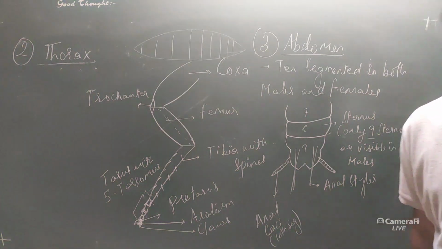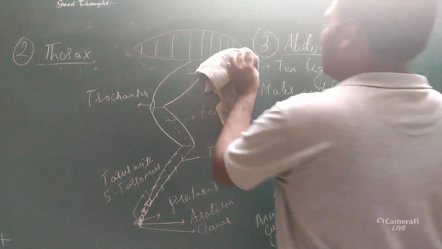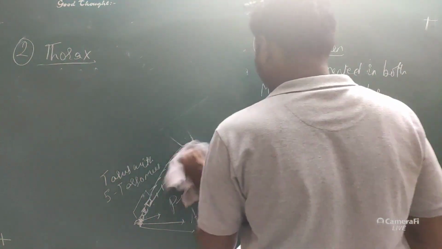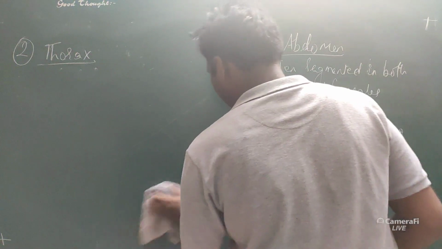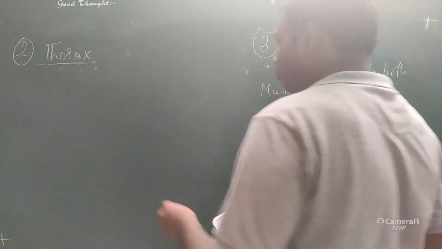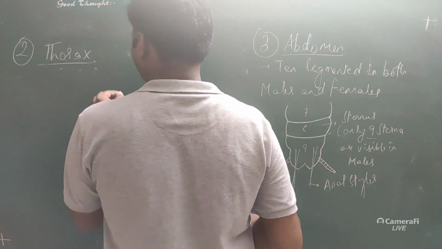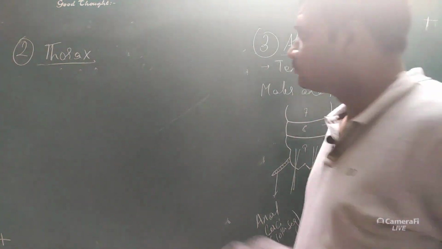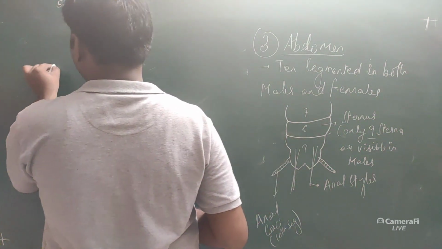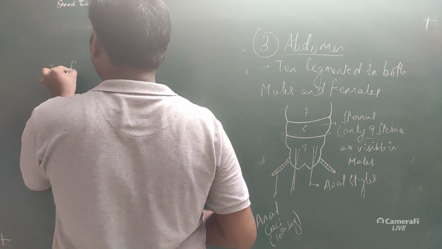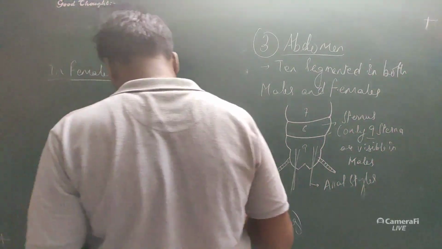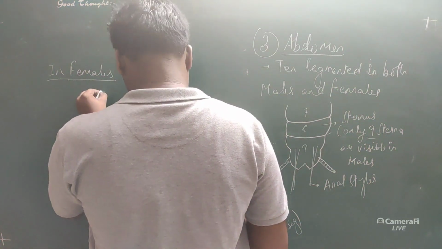In case of the female, the abdominal structure is a little different as compared to the male. So let's see here. In females, the abdomen also consists of 10 segments.